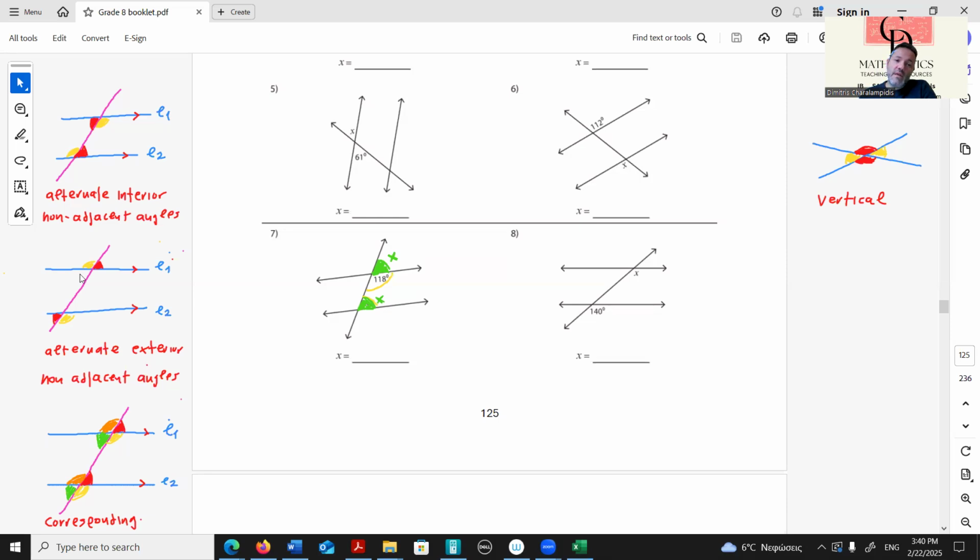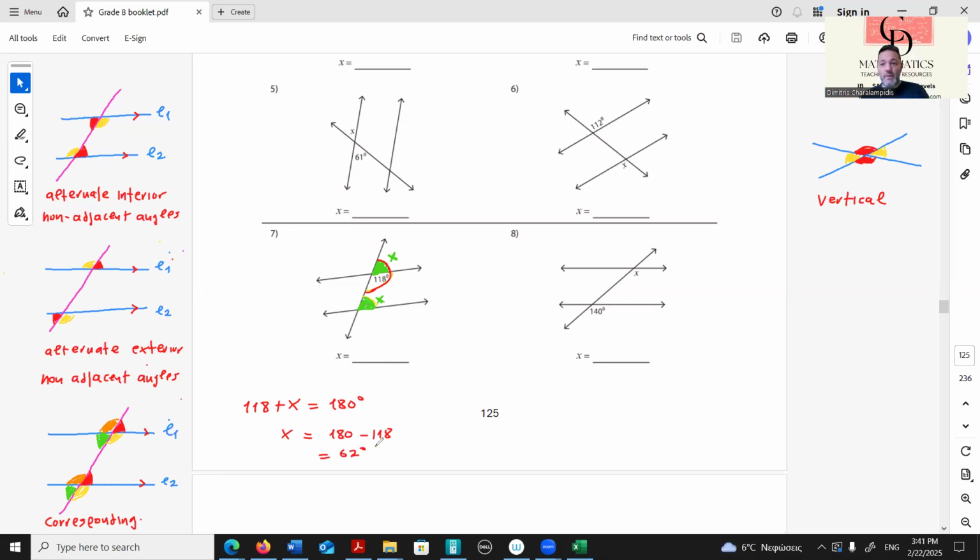Then this gives me another approach to say that these two, the green one and the one that has a size of 118 degrees, form a line. This is what we call a linear pair. A line can be seen as an angle of size equal to 180 degrees. So we can easily say that 118 plus x should be 180, from where we can get that x is 180 minus 118, so x should be 62.